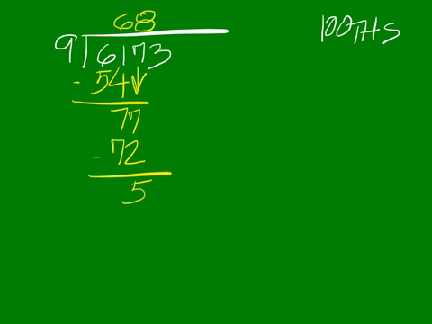What do I do next? Bring down the 3. How many times will 9 go into 53? It will go in 5 times. That's 45, and the difference is what? 53 minus 45 is 8. Now, what do we do next?